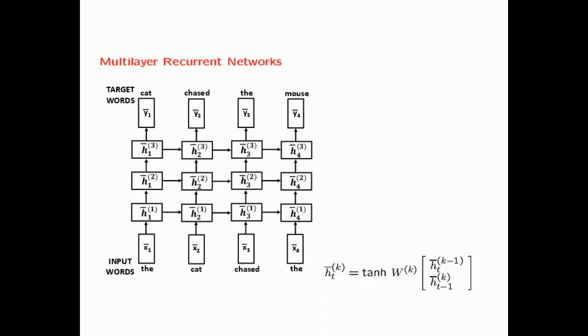The second difference is that the weights are shared across time layers, but they are not shared across the multiple layers between the input and the output. So here, for example, I have superscripted the weight matrix W with K, and this superscript K can vary from 1 through 3. So you will have different sets of weight matrices in each of these layers between the input and the output.